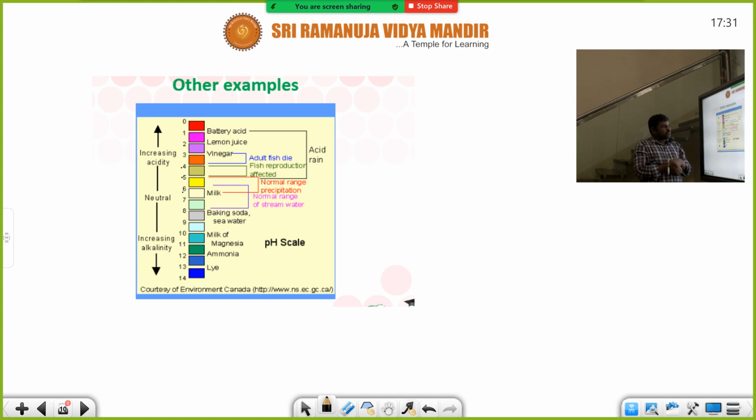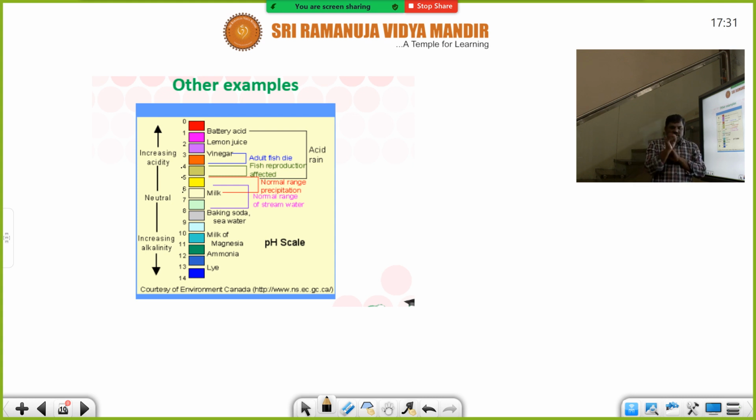The normal range of stream water. Milk: sour milk has lactic acid. So that is the acidic nature, because the pH is less than 7, in between, that is the milk.